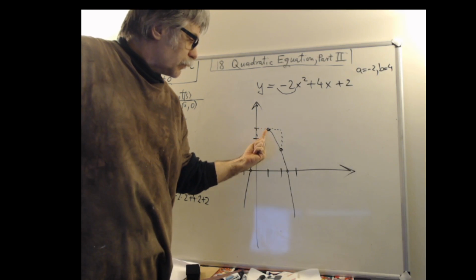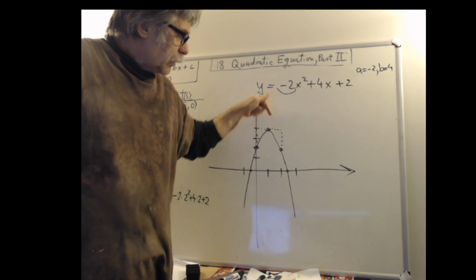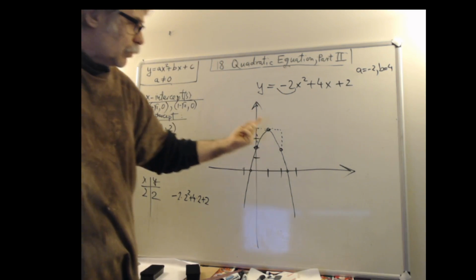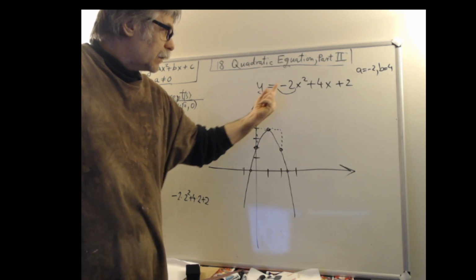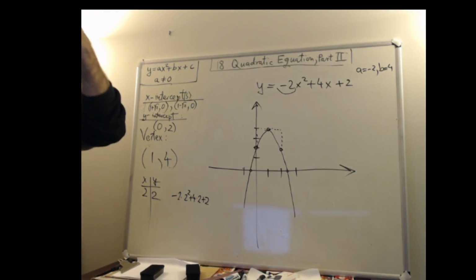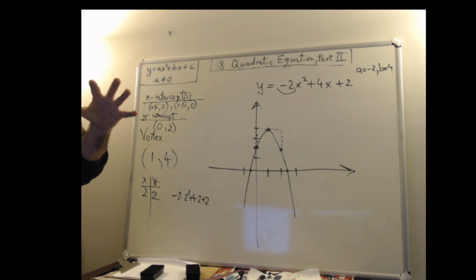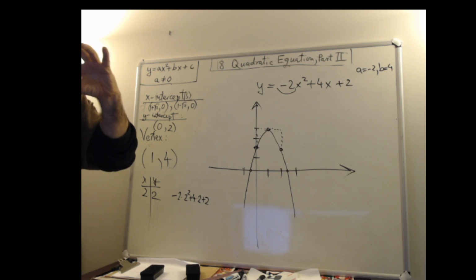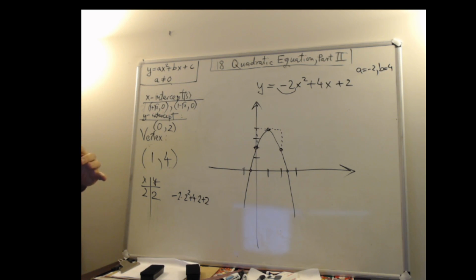So when you move from the vertex, you're going exactly 2 down. When you move to the right, again, you're going to be moving down, exactly 2 again, right? So this will become clear in pre-calculus. In pre-calculus, you're going to have this really nice explanation why this happens, okay?